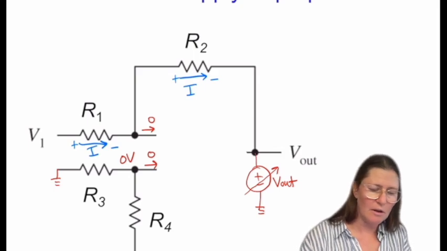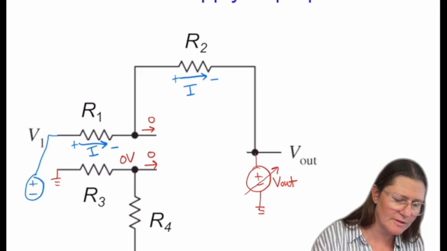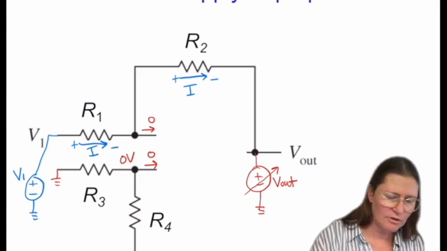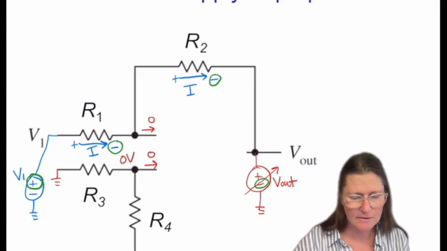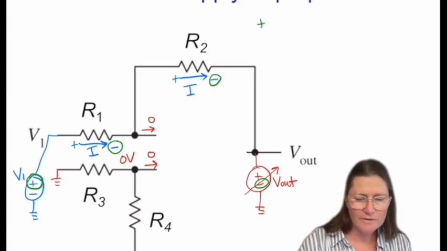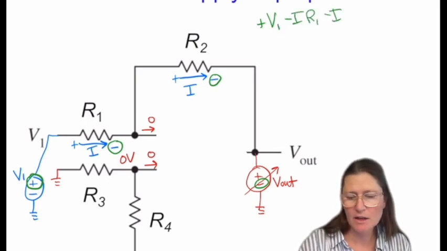And then V1, remember, is a source itself going to ground. So as I do a loop, I have plus, minus, minus, minus. So plus V1, minus I R1, minus I R2, minus V out equals 0.